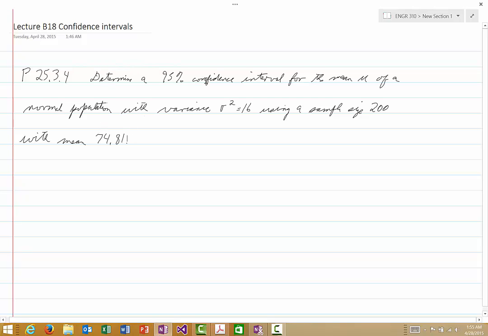We want to calculate the confidence interval for the mean in a problem where the variance is known.